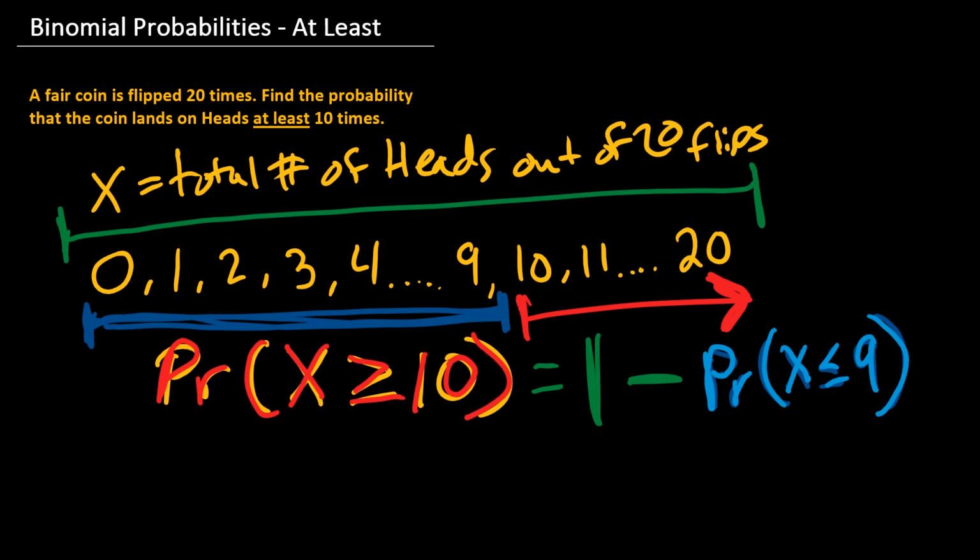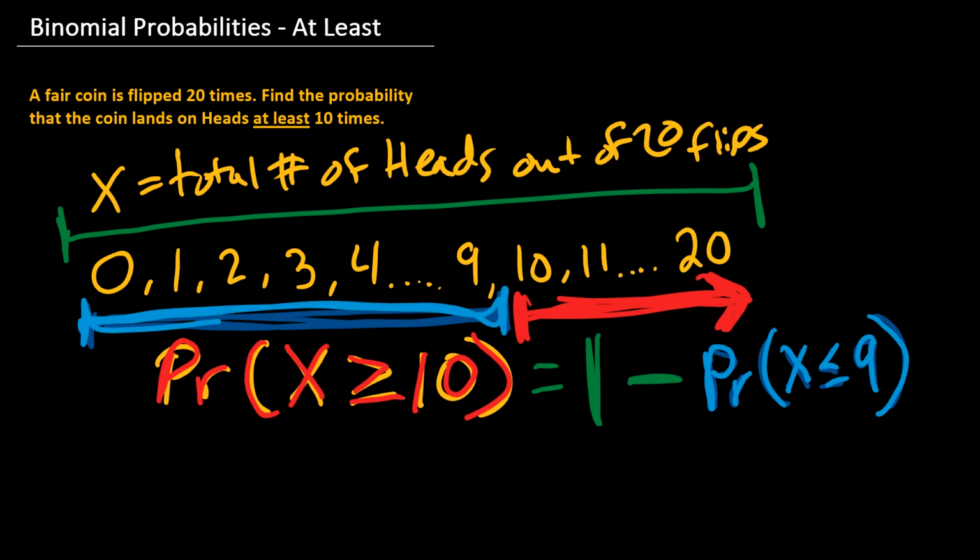The probability X is greater than or equal to 10 equals that total probability minus this probability.